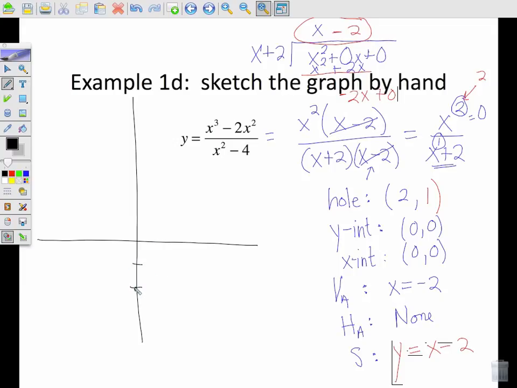All right, let's graph. Everything that I know, I've got a slant asymptote at y equals x minus 2, which would give us this diagonal line. I also have a vertical asymptote at x equals negative 2.